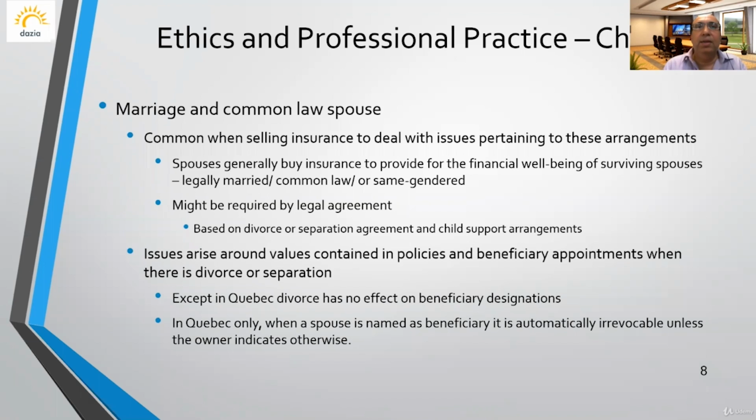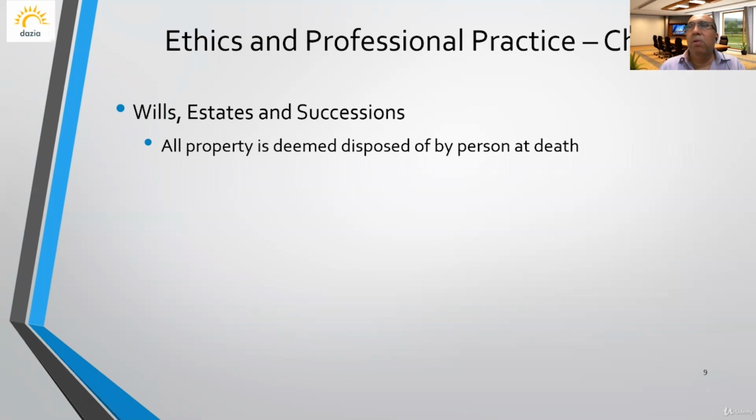You have to send in a new beneficiary form to the insurance company. Otherwise, the same one stays in the designation. In Quebec, where a spouse is named as beneficiary, it is automatically irrevocable unless the owner otherwise indicates. And divorce cancels that designation in Quebec only. So Quebec rules are a little different, but in the rest of Canada, divorce does not affect the beneficiary designations.